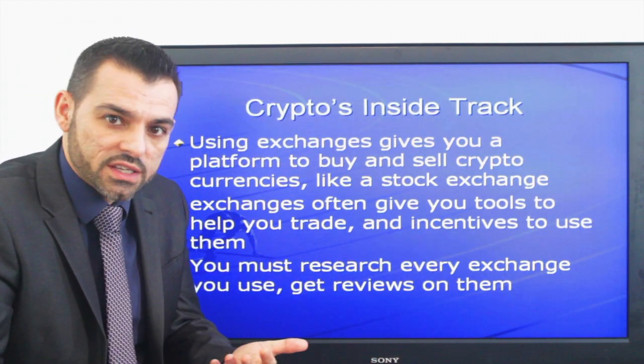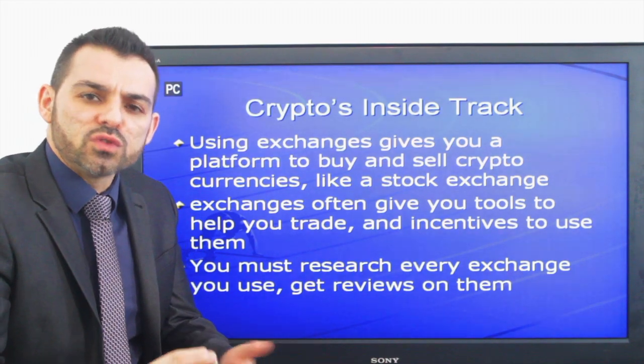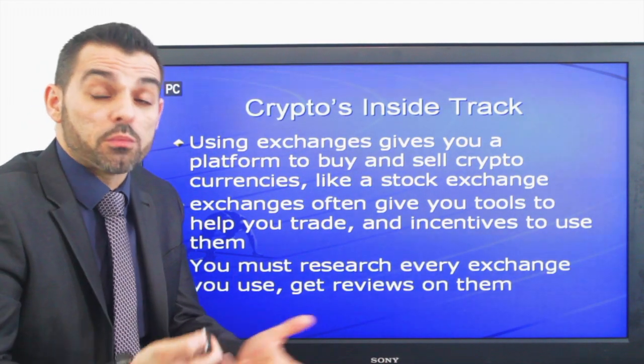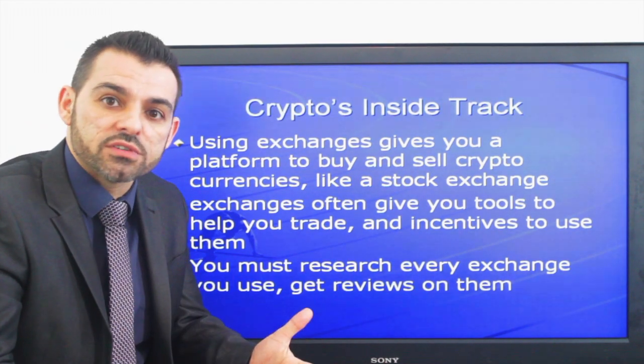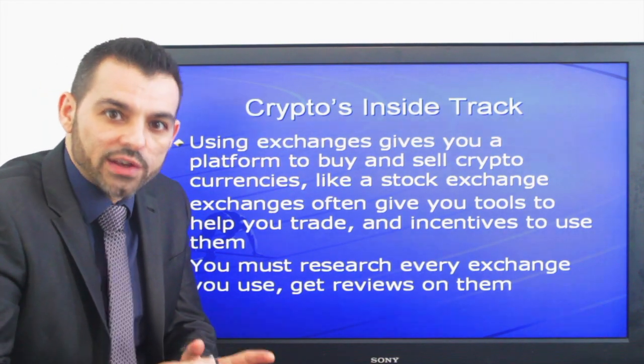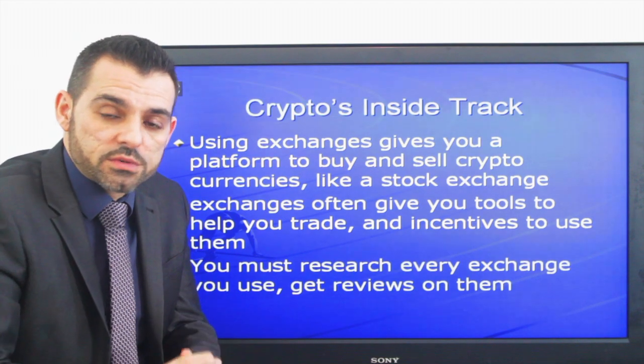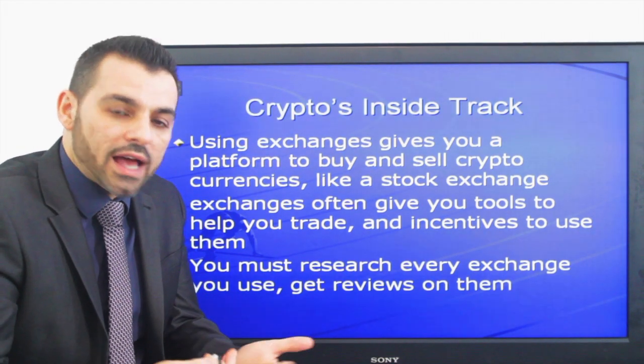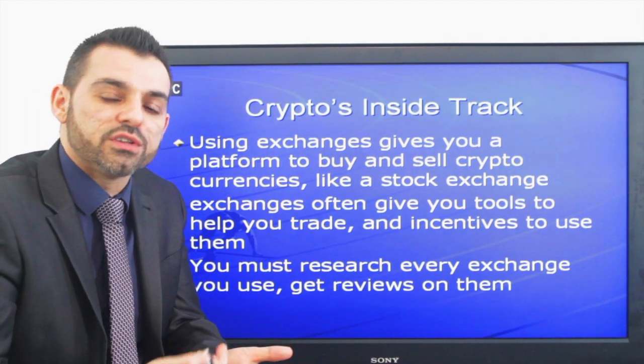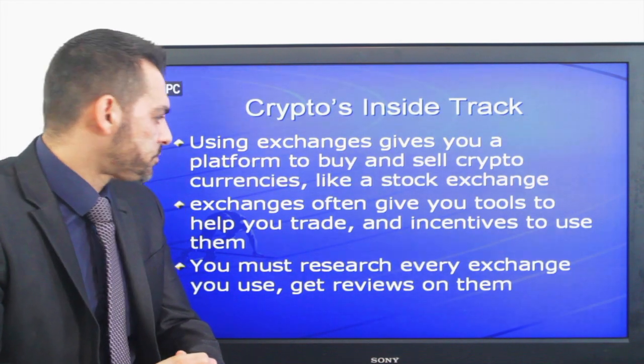So that's one of the incentives. There are lots of different tools available on some of the exchanges, some more than others, and they are most certainly one of the ways to buy and sell cryptocurrencies, and there are a number of different incentives to help you do that.